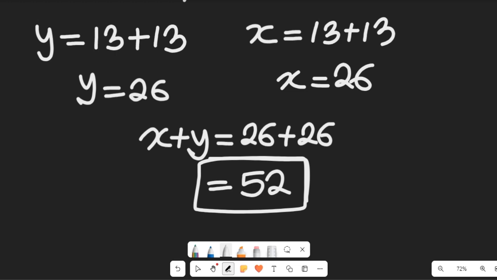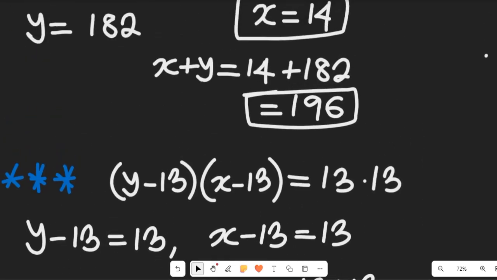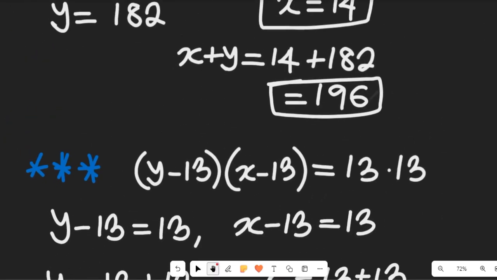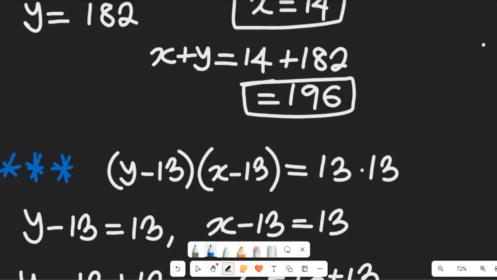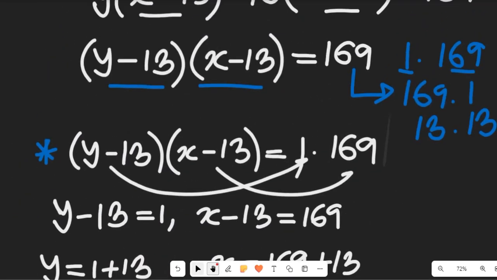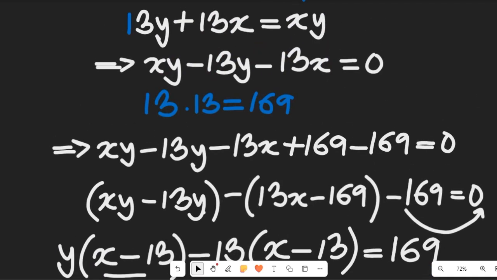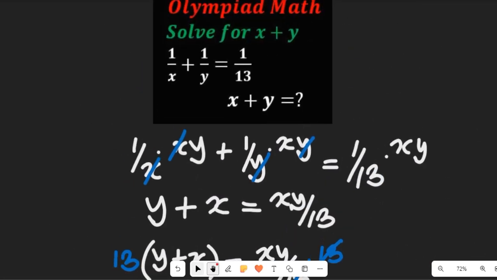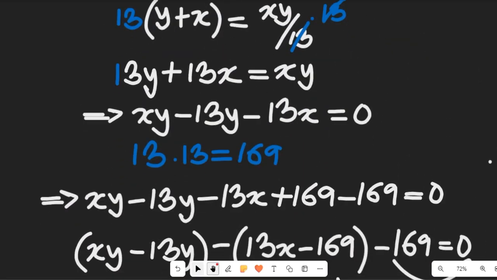So we have three solutions: 52, and the next two solutions are 196, right? And the next solution is another 196. So these are the possible solutions we can get from simplifying this fractional algebraic expression.